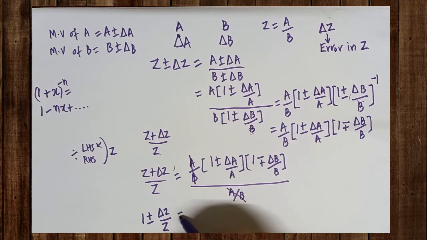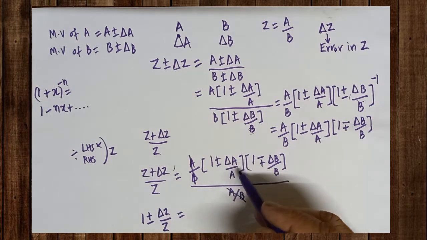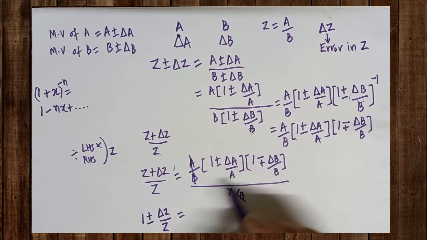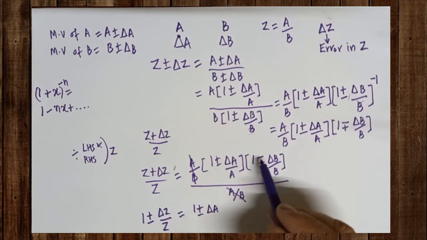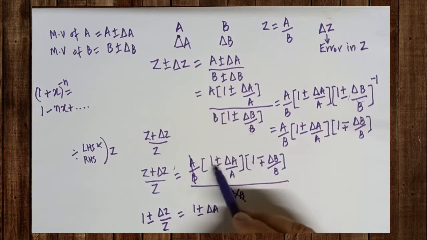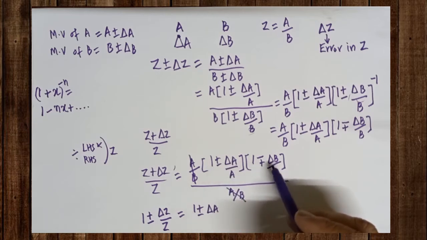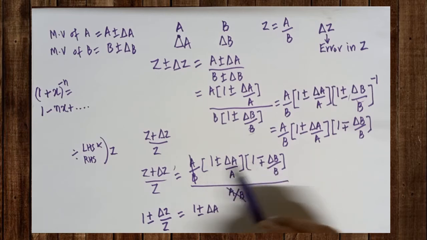Now you write the factors one by one and multiply inside. 1 plus or minus del a divided by a, 1 into 1. Are you clear? Individually you have to multiply 1 into 1, which is 1, and then 1 into this factor. So individually each factor must be multiplied.